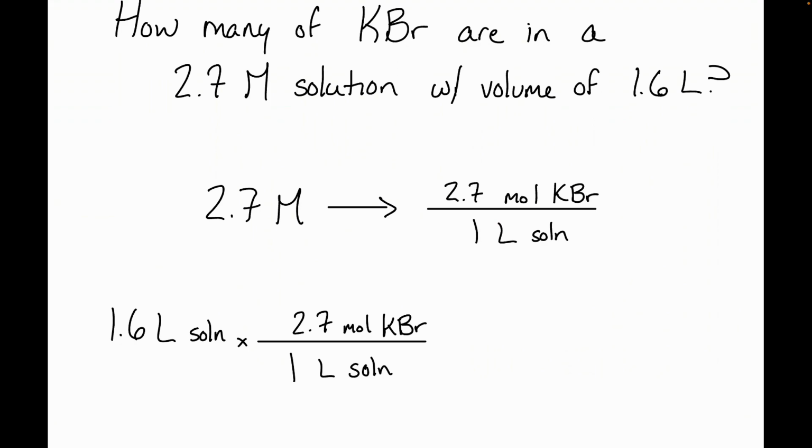And let's just notice, just like all of the other math that we've been doing, if we set it up correctly, our units will cancel out in such a way that we're left with units of moles, right? This concentration here is just another conversion factor that we're learning.